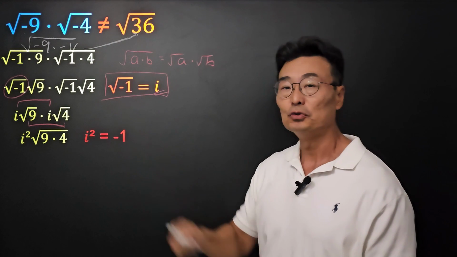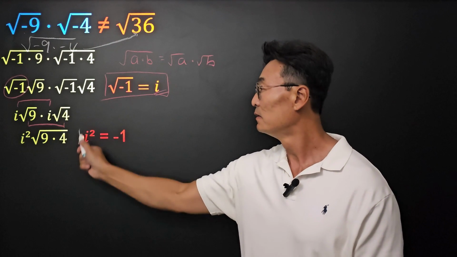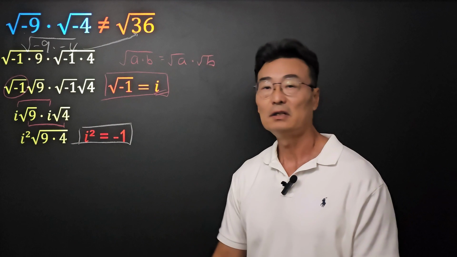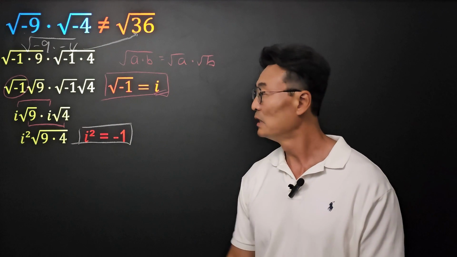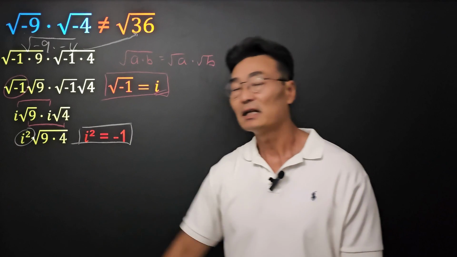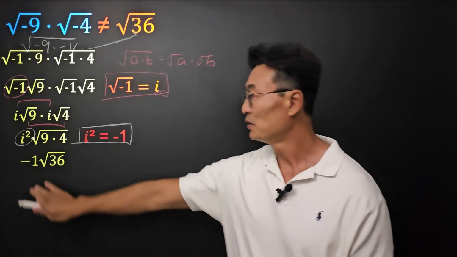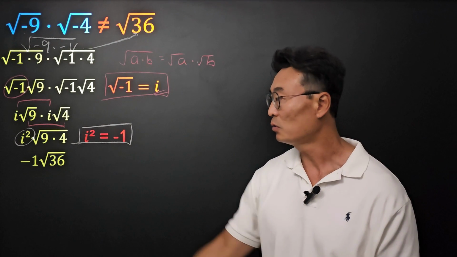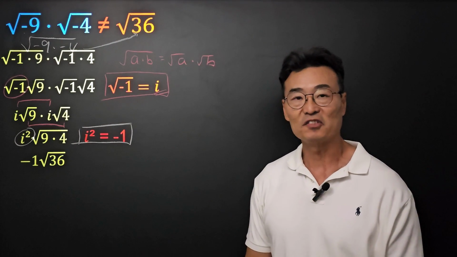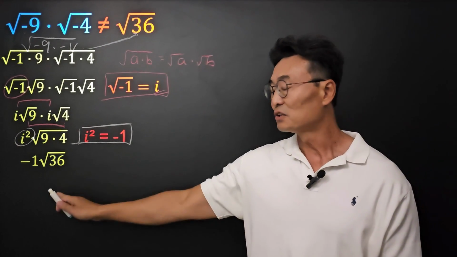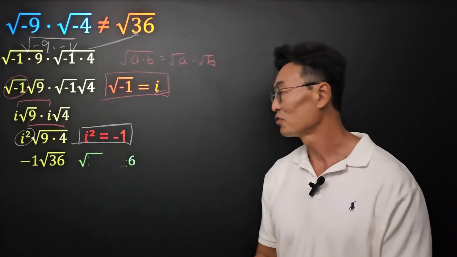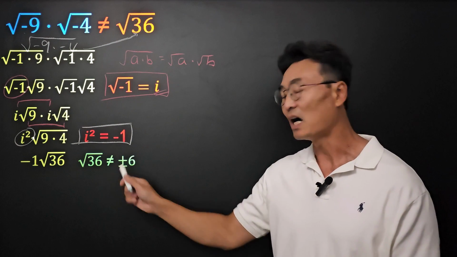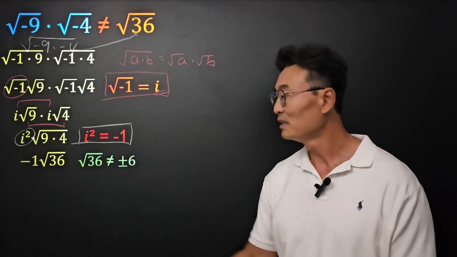Since i is root negative 1, i squared equals negative 1. So we'll change that i squared into negative 1 and multiply the 9 and the 4, where we get the square root of 36. Before I finish, I want to mention one thing. The square root of 36 does not equal plus or minus 6.